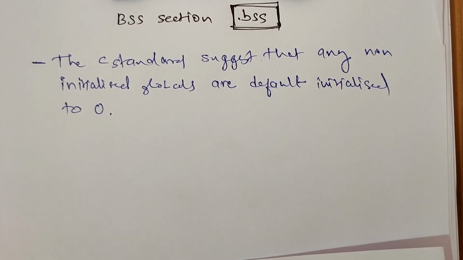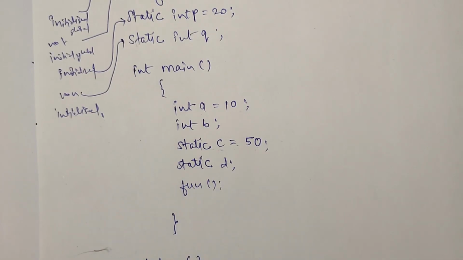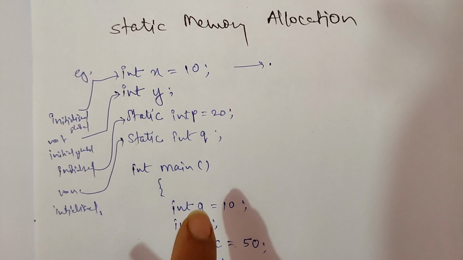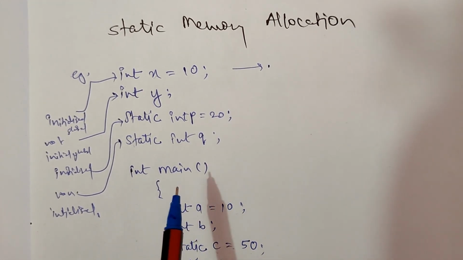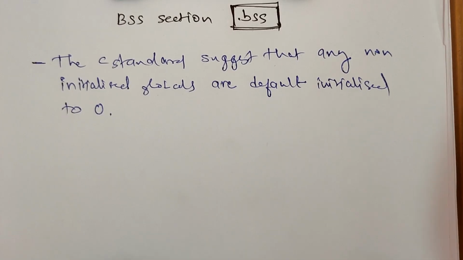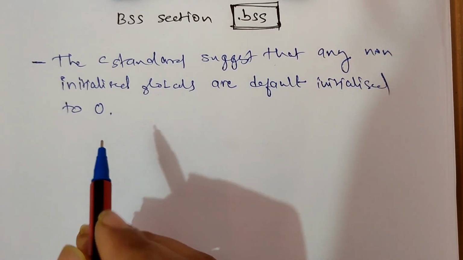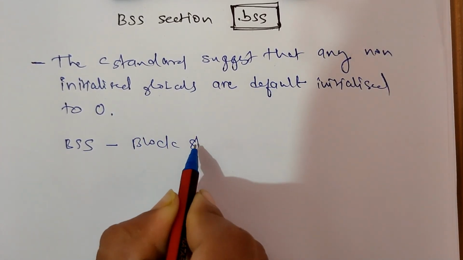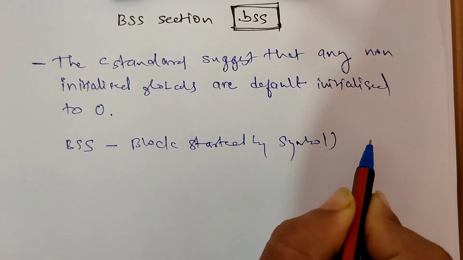Now think of typical code. I am taking an easy code here, but in typical code most of the variables don't need to be initialized to any value to begin with. It can just as well be a 0. So if we put that collection of variables in a different section called the BSS section, block started by symbol, that means the symbol is 0.